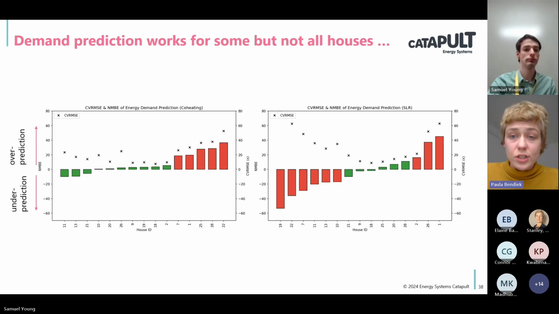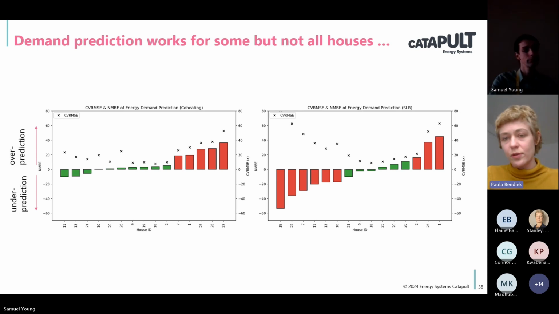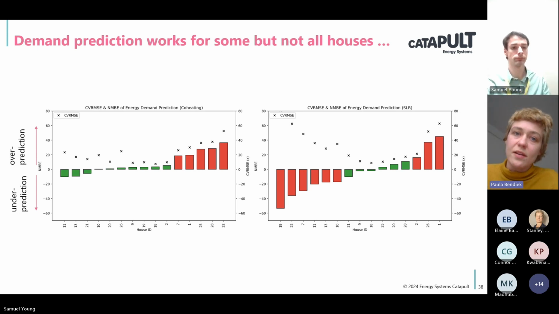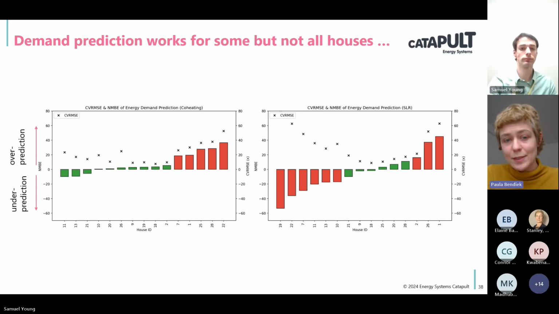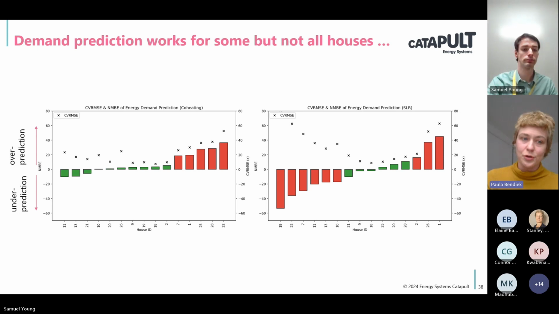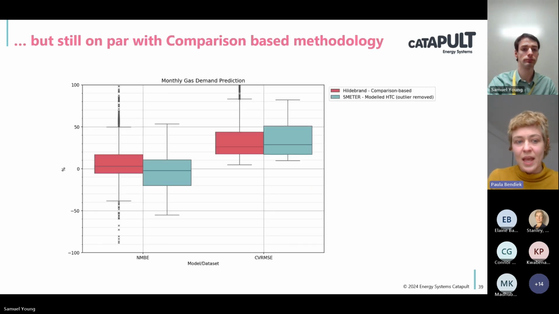Here are the results for the individual houses. On the left-hand side, you can see the results using the co-heating HTC, and on the right, you can see the models using the modeled HTC. And this shows us that our model works for some houses, but definitely not for all houses.